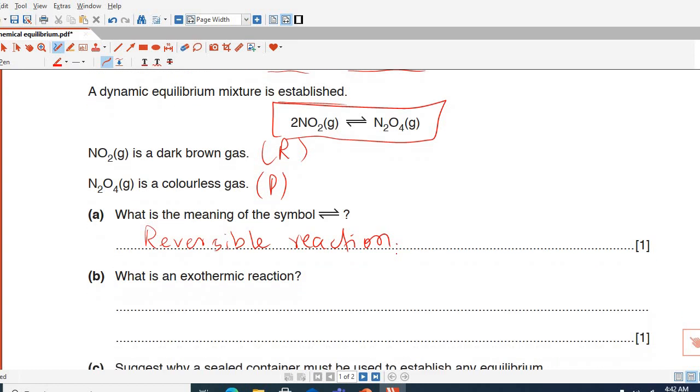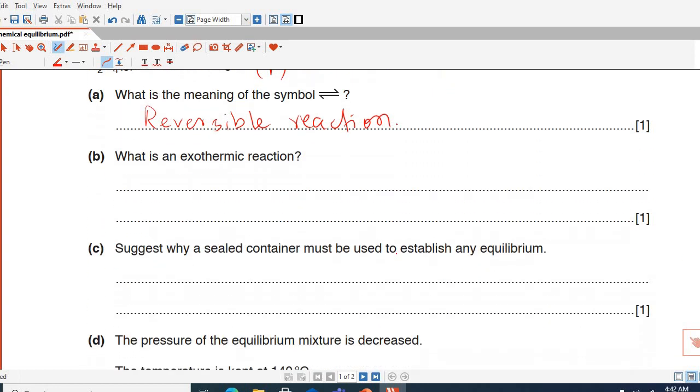Now question B is, what is an exothermic reaction, right?